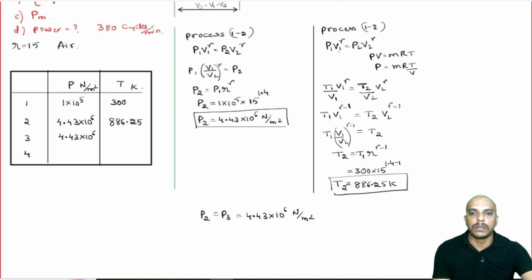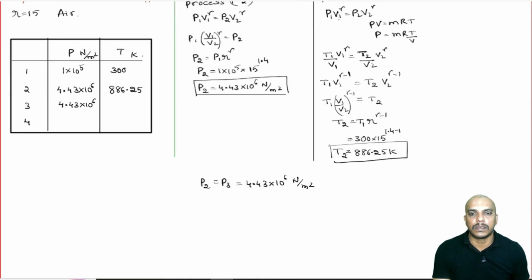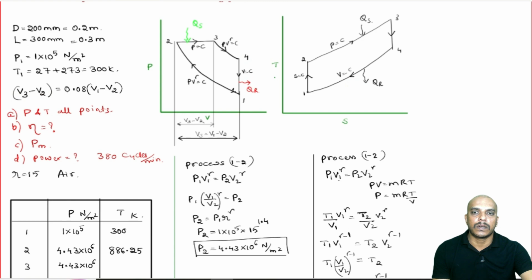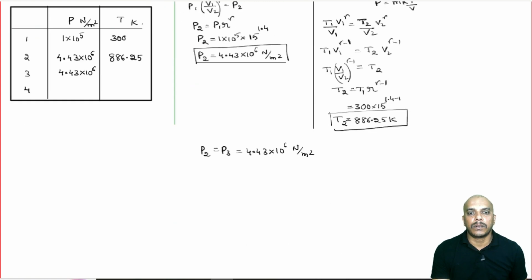Now, in order to find T3, let us take process 2 to 3. What is constant? Pressure is constant. Pressure constant means we can write PV is equal to MRT.